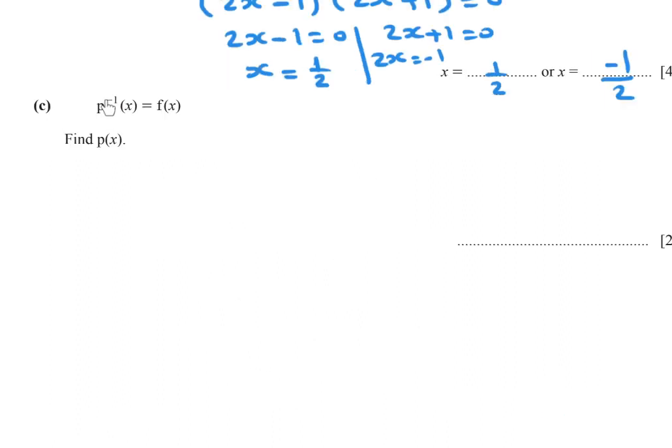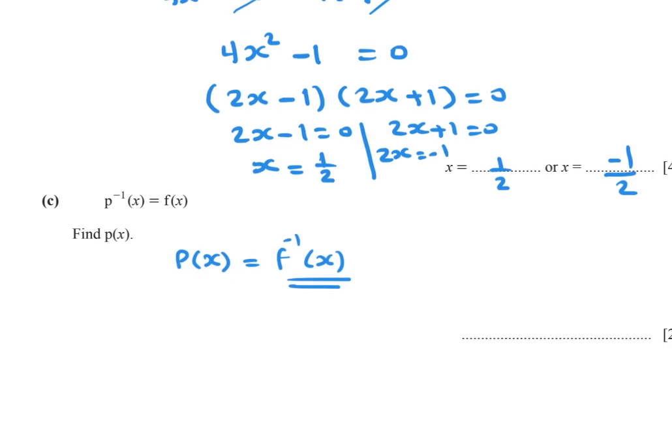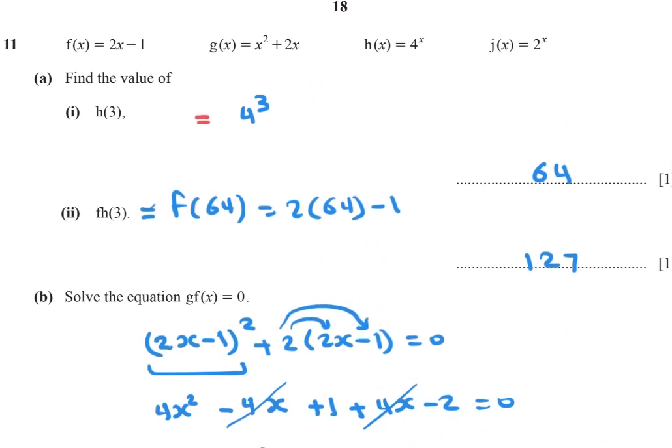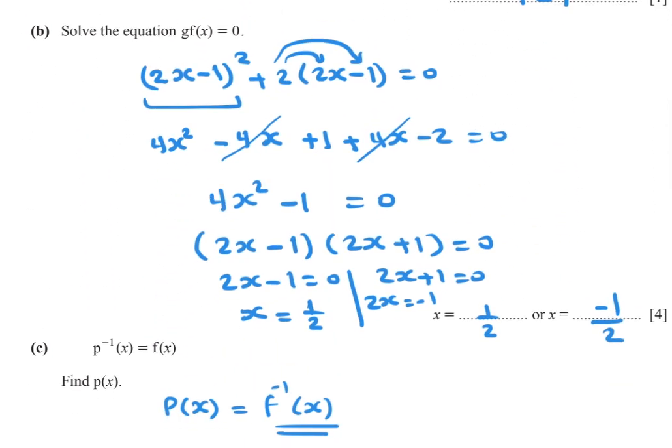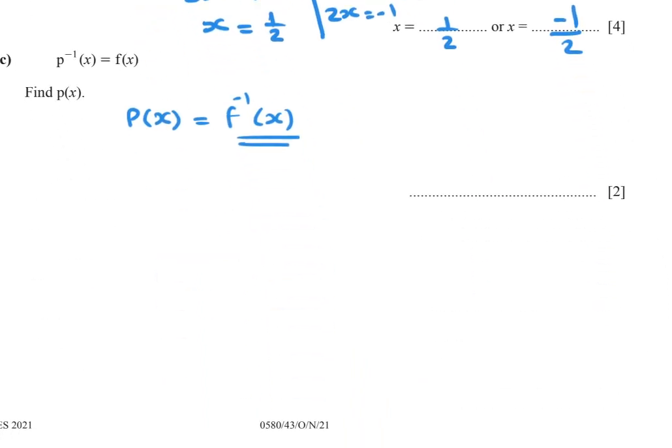C, g(x) equals f inverse of x. Find g(x). This means g(x) equals f negative 1 of x. So we need to find the inverse of f(x). So to find the inverse of f(x), f(x) equals 2x minus 1.